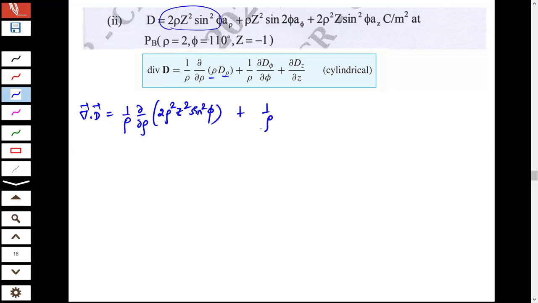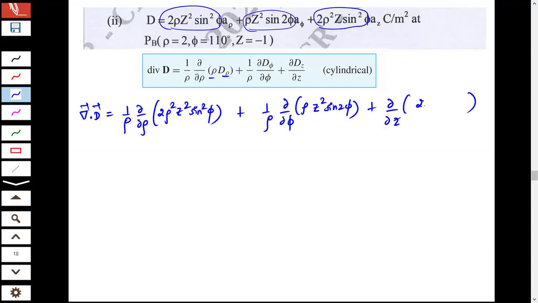The second term is 1 by rho, dou by dou phi of the phi component of vector D, that is rho z square sine 2 phi. Then dou by dou z of the z component of this vector D, which is 2 rho square z sine square phi.